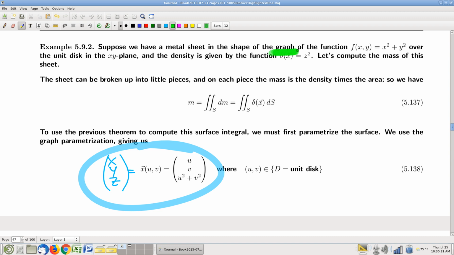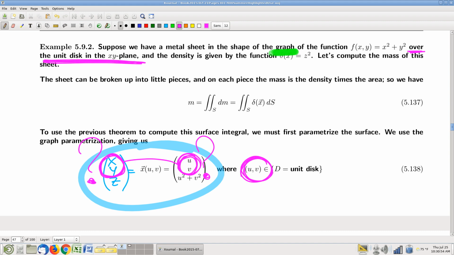So the range of values, let's see here, what is our domain? U and V are going to range how? Well, don't forget what U and V are. U and V are X and Y. So if you want to know what's the range of values of U and V, you just need to figure out, well, what's the range of values of X and Y on our original thing? And on our original thing, we're looking at the part of the graph of this function sitting over the unit disk in the XY plane.